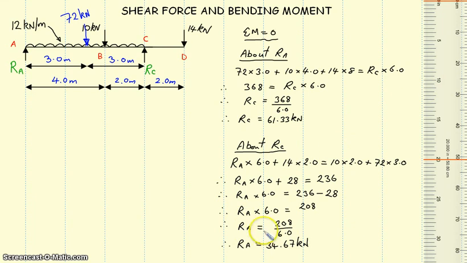So let's go back up here, and we're going to put RA in, and it equals 34.67 kilonewtons, and RC we calculated and checked to be 61.33 kilonewtons.